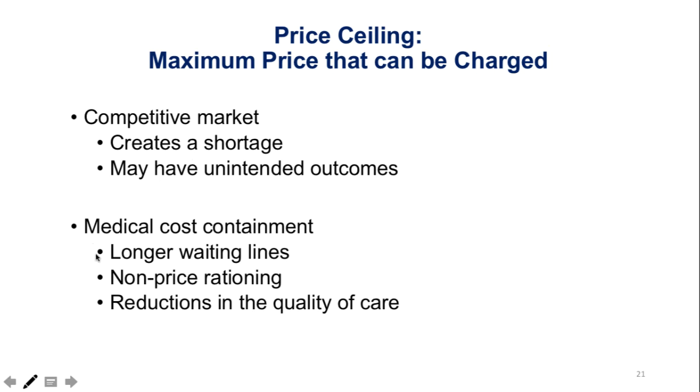One of the consequences is that in medical care, it can create waiting lines. For example, consider the Canadian healthcare system. They try to keep the price low, right? So that creates longer waiting lines for seeing a specialist or for surgeries.